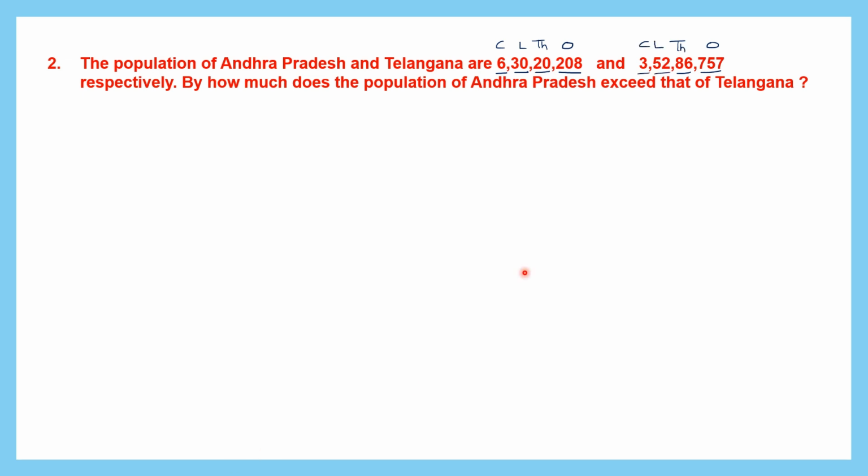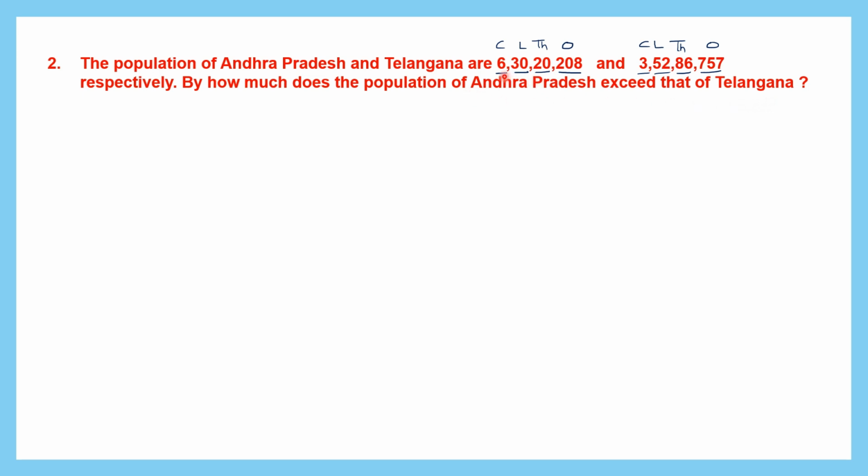So now let's read this. 6 crore 30 lakh 20,208 and 3 crore 52 lakh 86,757 respectively. That means this is the population of the first state, that is Andhra Pradesh, and this is the population of Telangana. Now the question is, by how much does the population of Andhra Pradesh exceed that of Telangana?